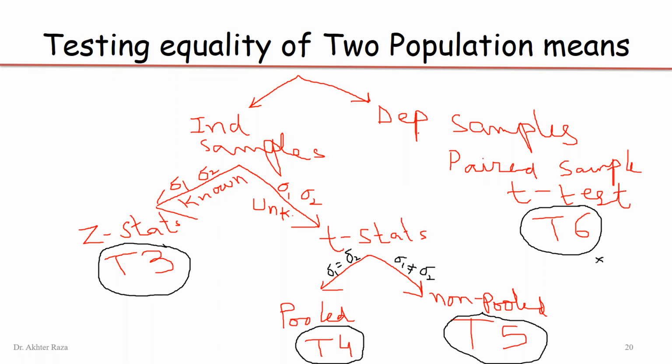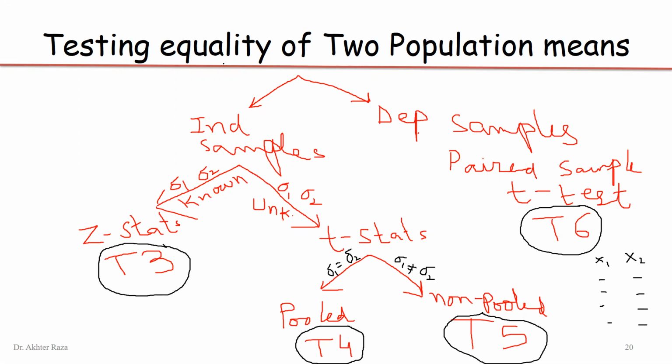X1 is the level of sugar before taking medicine of the same patient, and X2 is the level of sugar after taking medicine. These pre-medicine and post-medicine scenarios are to be solved by using the paired sample t-test.